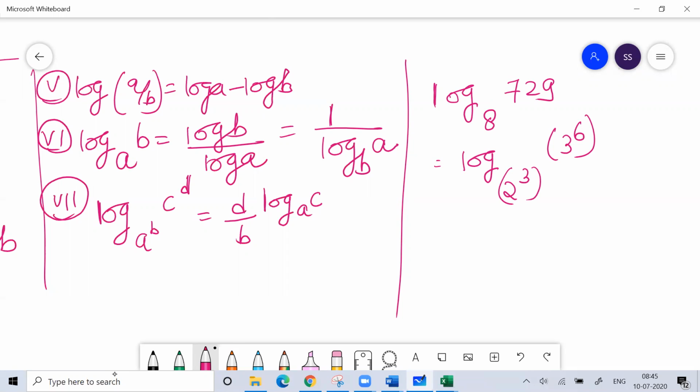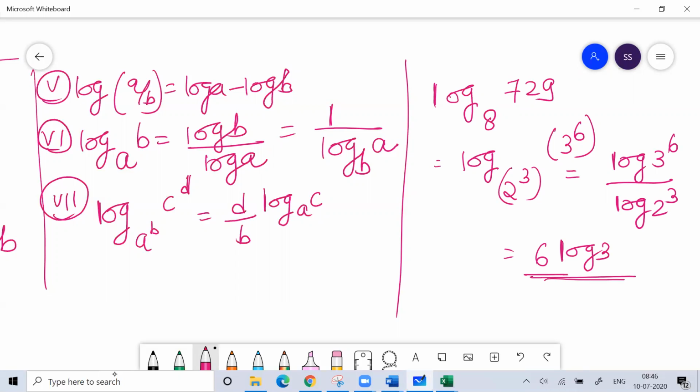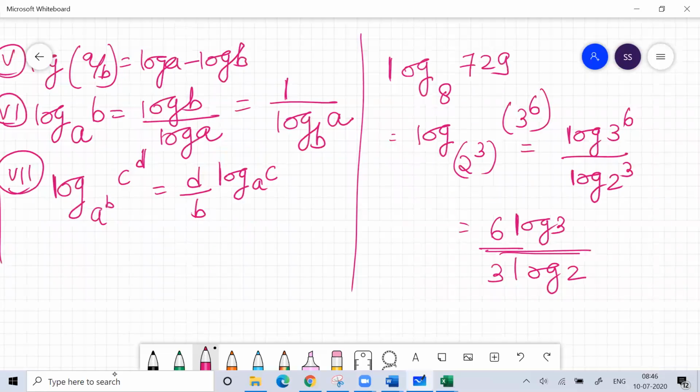Then you can write this as log of 3 to the power 6 by log of 2 to the power 3. Now you know that if there is a power on a log, that power will come in the front. So 6 log 3 by 3 log 2.